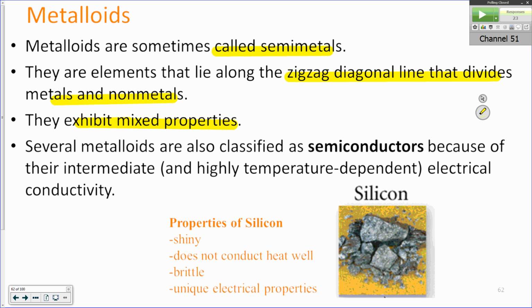The ones classified as semiconductors have properties that are intermediate and usually temperature dependent, including electrical conductivity. Pure silicon, element number 14, is an insulator. But you can put a very, very small amount of another element in it, like arsenic.